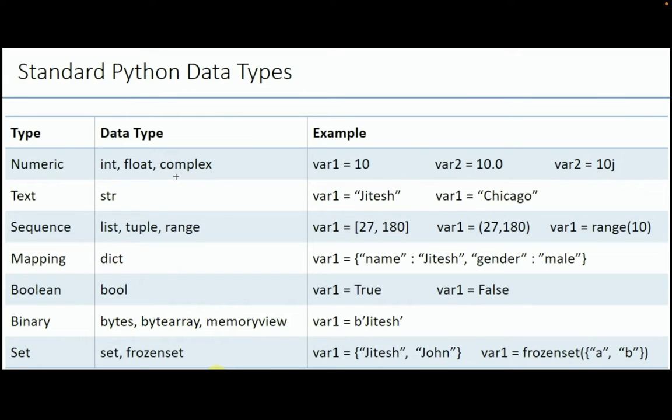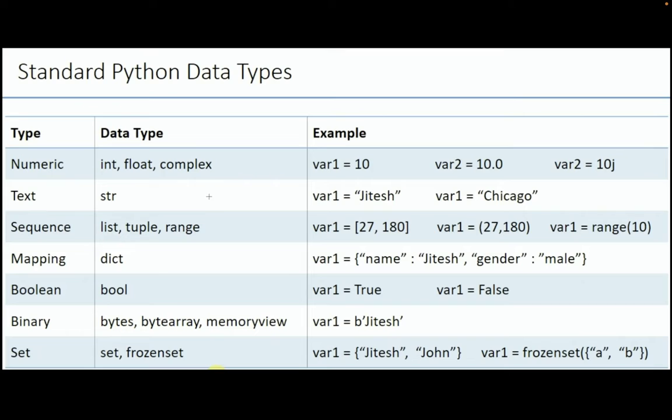It's used for numbers with decimal digits, such as in this case we have var2, which is equal to 10.0. And finally we have the complex data type that stores the complex or imaginary number such as 10j, and j typically here represents the square root of -1.